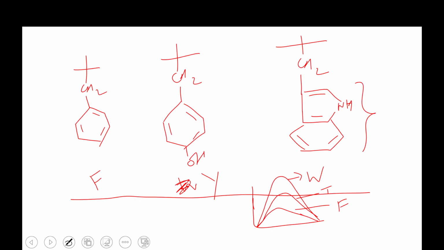Compared to phenylalanine, in tyrosine the OH is also involved in this conjugated bond formation. That is why tyrosine absorbs more light than phenylalanine. So that is how it has been utilized in protein estimation.